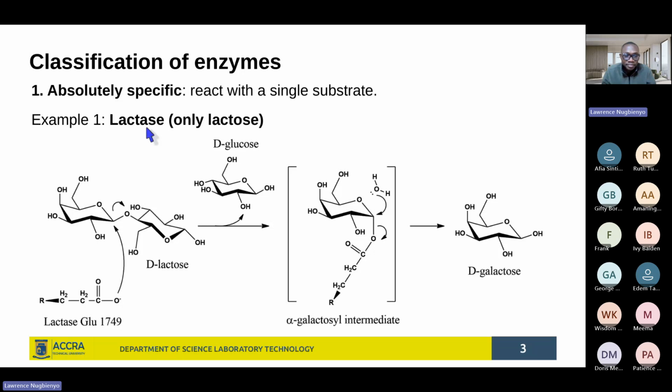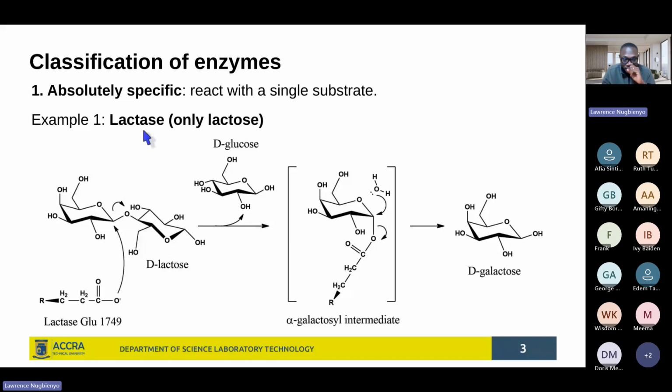And now the name clearly should tell you that this enzyme is specific to lactose. That's why it's having the name lactase. If this enzyme was acting on any other substrate, then the name lactase would be misleading. So the name tells you that this enzyme is absolutely specific to the substrate lactose.